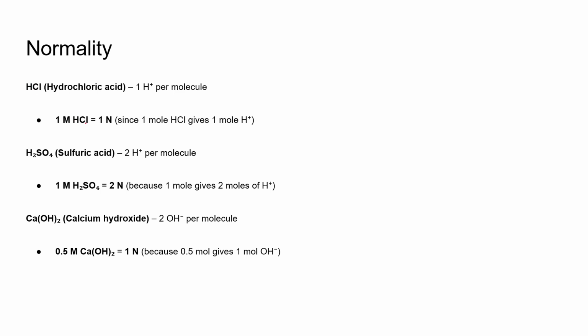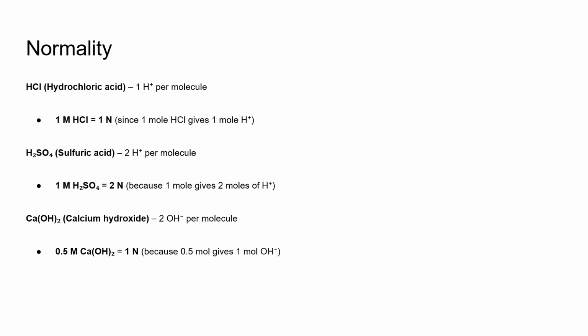So 1 molar of this substance produces 1 mole of hydrogen ions. Here we have 2 hydrogens, so that's going to produce 2 hydrogen ions per molecule. So 1 molar of H2 is 2N, because 1 mole gives off 2 moles of hydrogen.